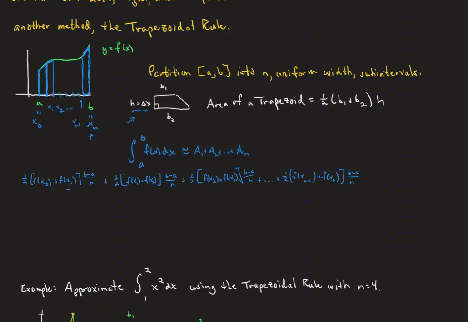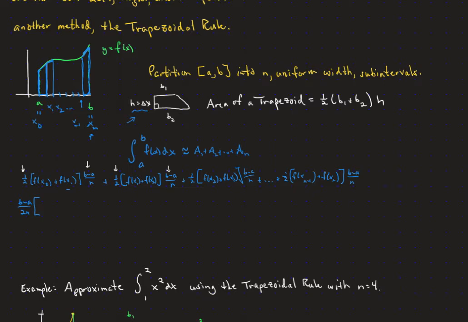So when we factor these out, all of those trapezoids have a 1/2 in them, and they also have a b minus a over n in them. So if we factor those out, we get a b minus a over 2n.